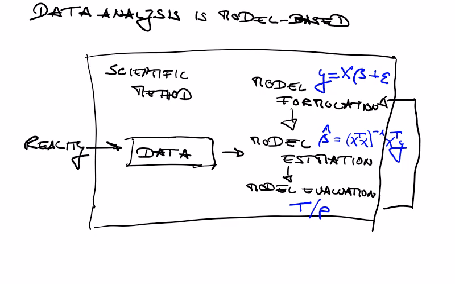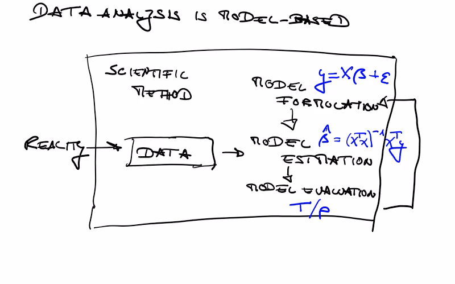And as the example to get you into this thinking of a model-based data analysis, we will deal with the general linear model to exemplify these three steps of model formulation, model estimation, and model evaluation, so that you've seen once how this works for a specific model class.